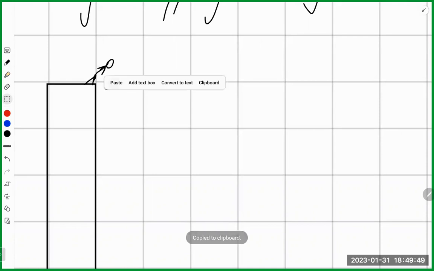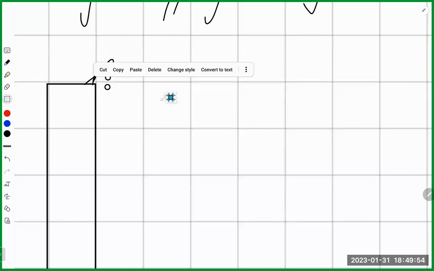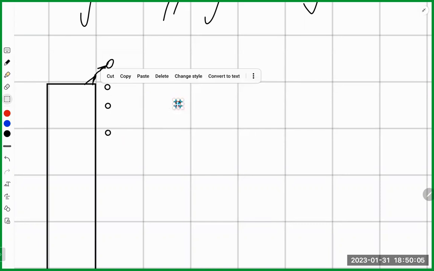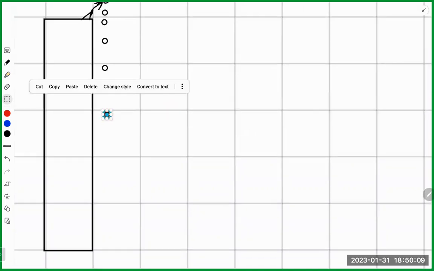So let's say I'm making consecutive images at regular intervals of time. There is something that should tell you that the object is accelerating.